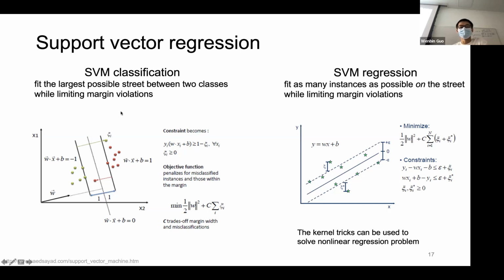Sometimes we don't have this ideal case where it separates everything well. There are always some margin violations. For example, some dots belong to class 1 but are closer to class 2, and you cannot find a single line to separate these two clusters. This is called margin violation.